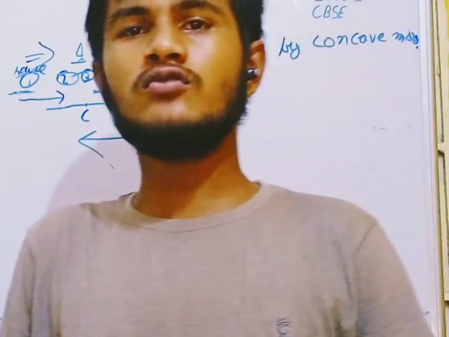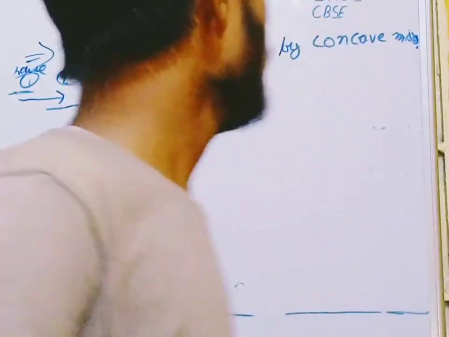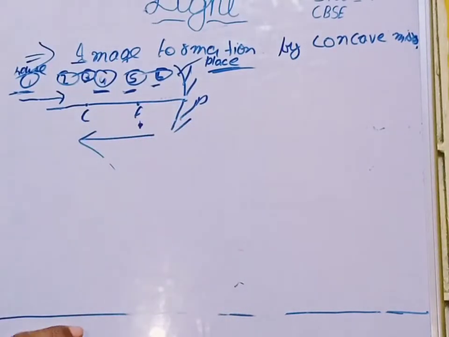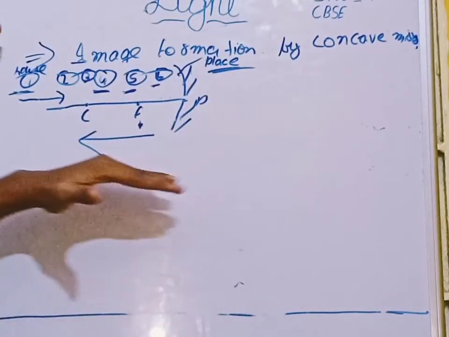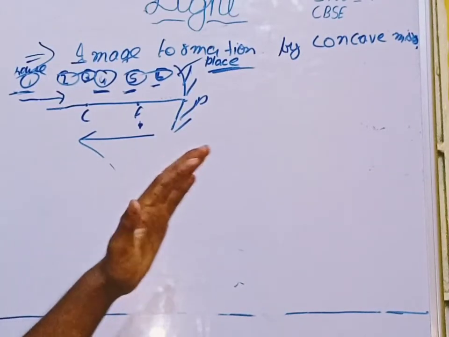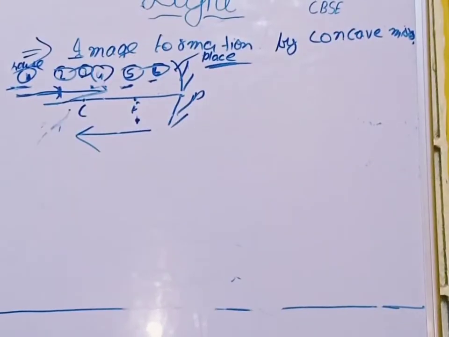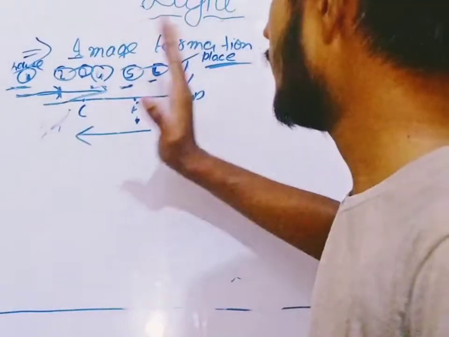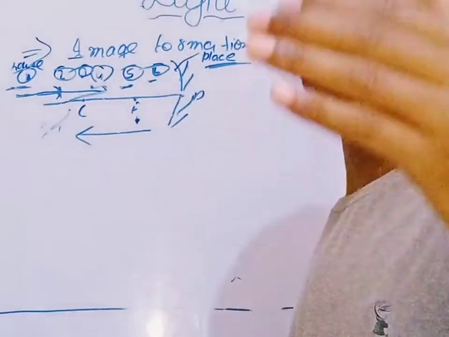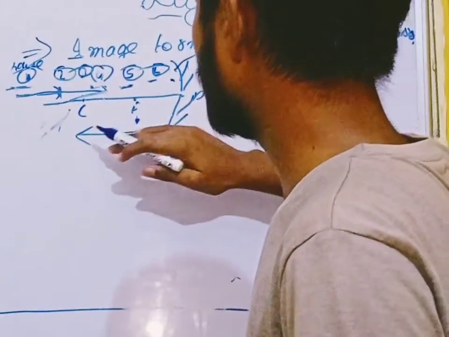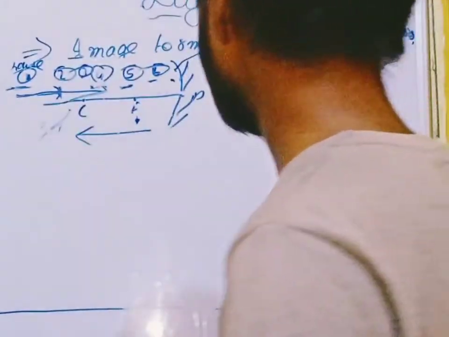So for image formation, always keep in mind that when we go near the person, the image formation is far from the person. Whenever you go near your friend, the image is going to be far from here.